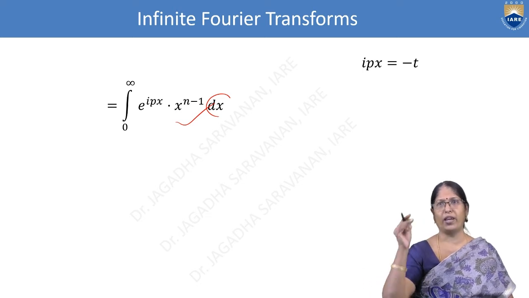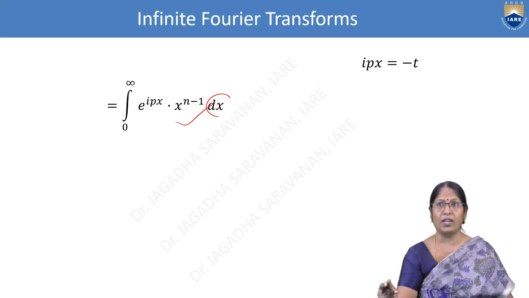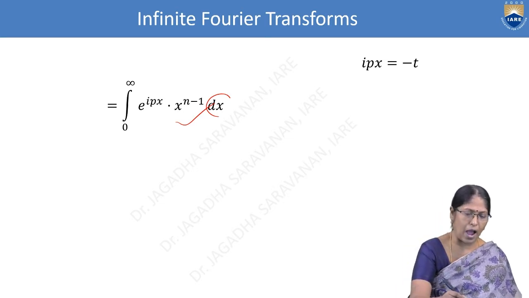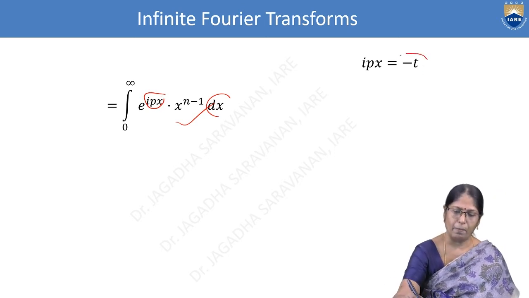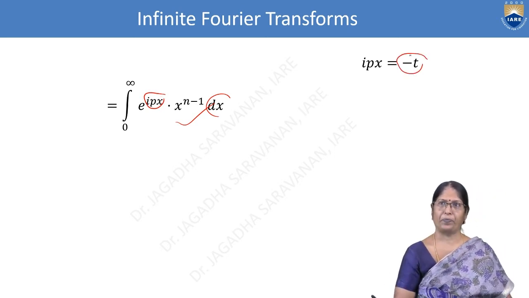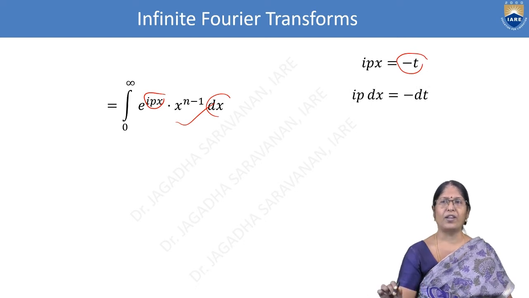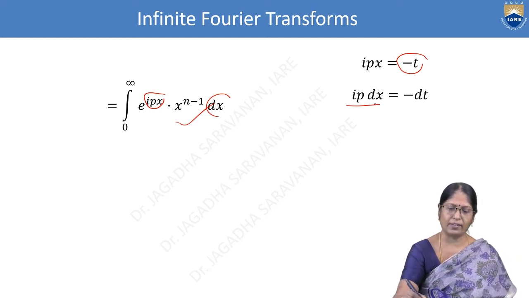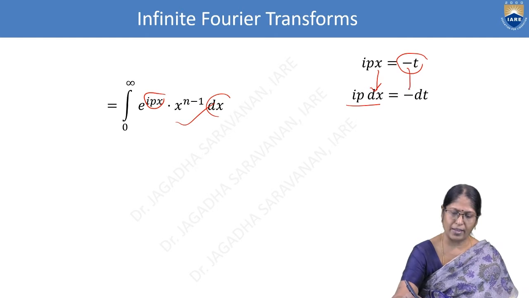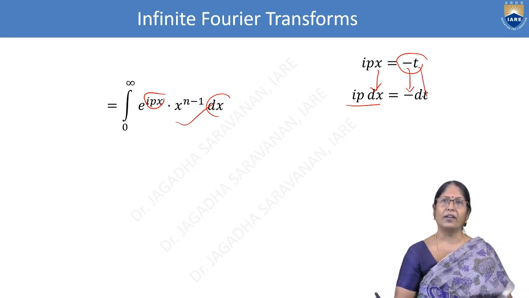We are going to change it with respect to t, substituting some term. ipx, we have taken as minus t. We are differentiating both the sides. That is, ip dx, x differentiation is dx, minus as it is, d is dt.